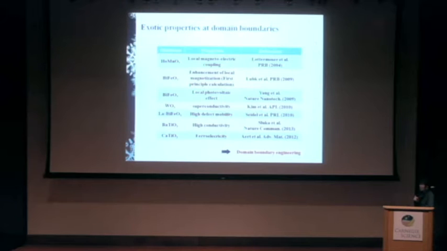Here I summarize some of the exotic properties observed at domain boundaries these days. For example, electromagnetic coupling, photovoltaic effect, and superconductivity have been reported at domain boundaries in various oxides. Among them, I'm interested in the ferroelectric property observed at domain boundaries in ferroelastic materials.